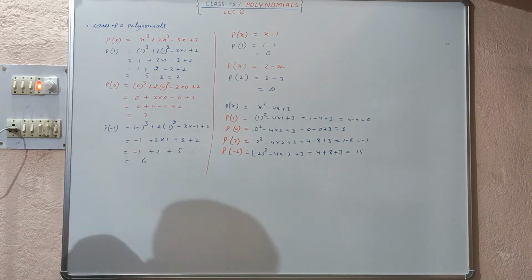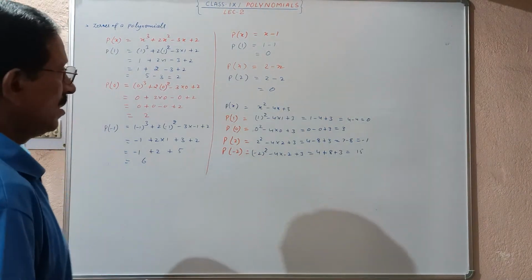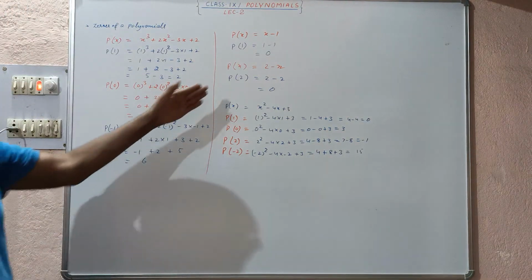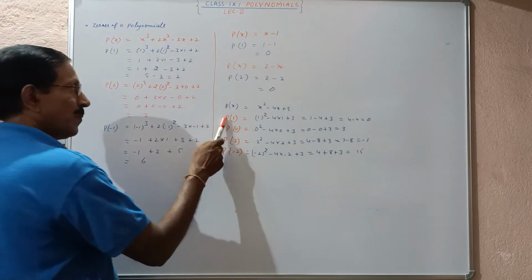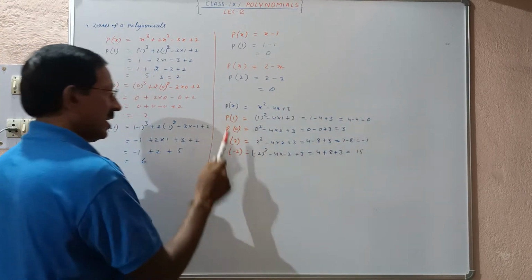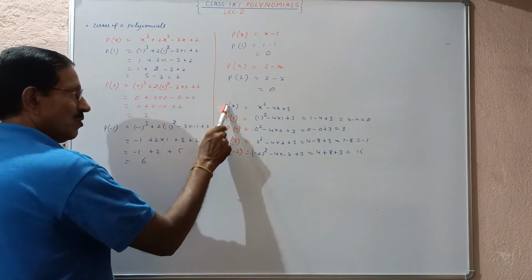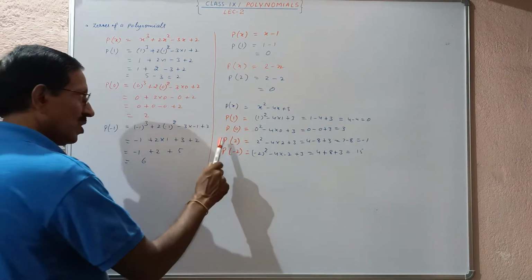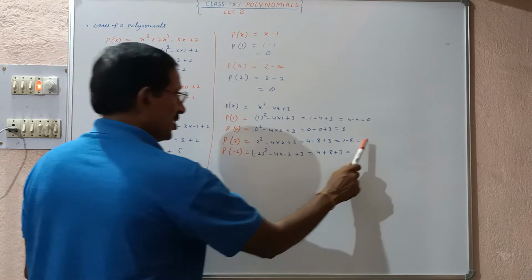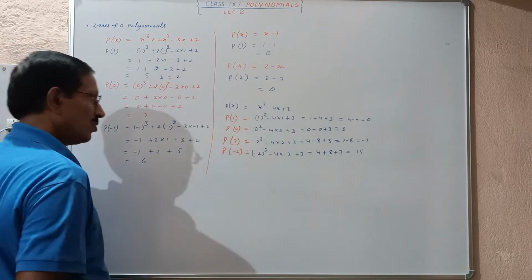So these are the values of p(x). The value of p(x) is 0 at x equal to 1. The value of p(x) is 3 at x equal to 0. The value of p(x) is minus 1 at x equal to 2.